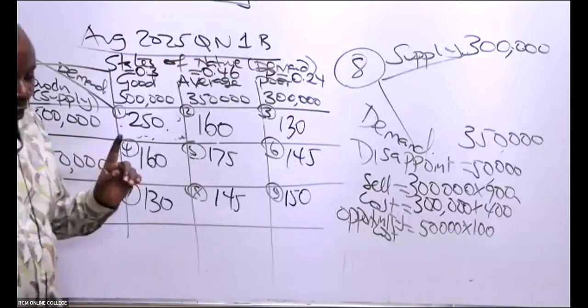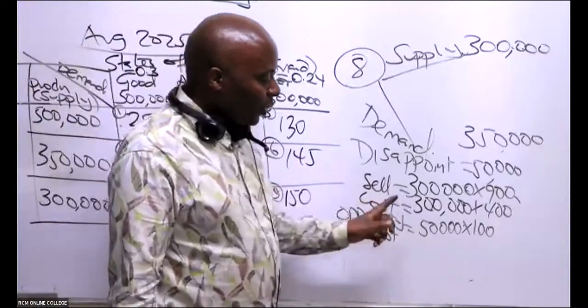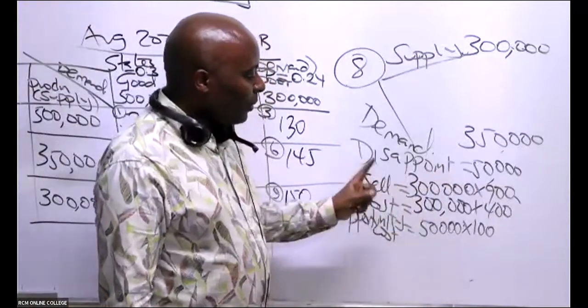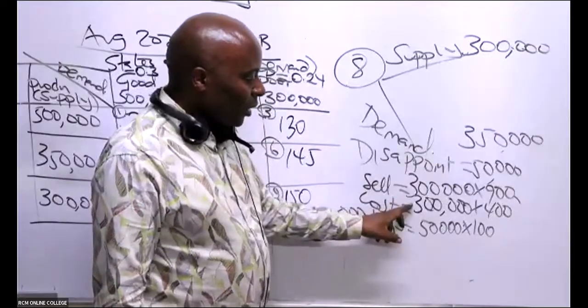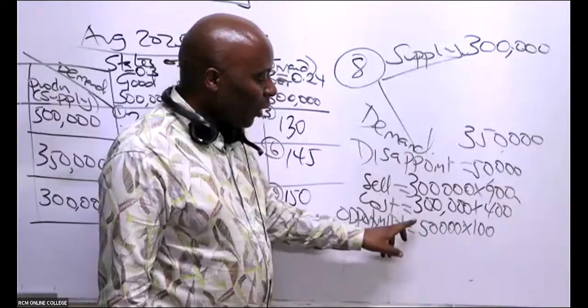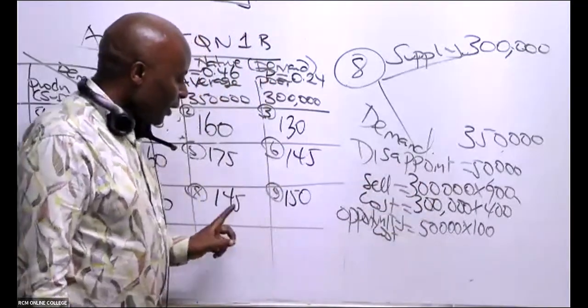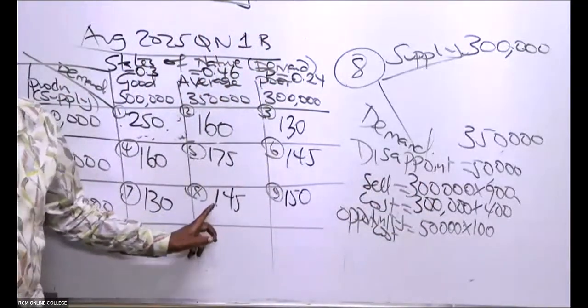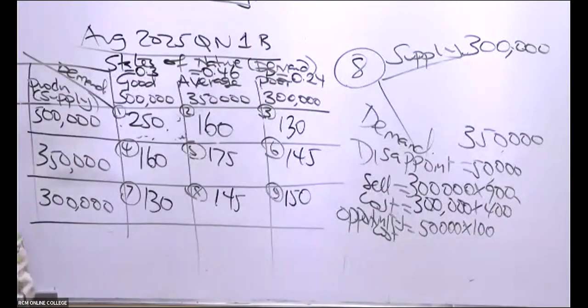PCF, take your calculator properly. You say 300,000 times 900, not plus but minus 300,000 times 400, minus 50,000 times 100. It shall give us 145.